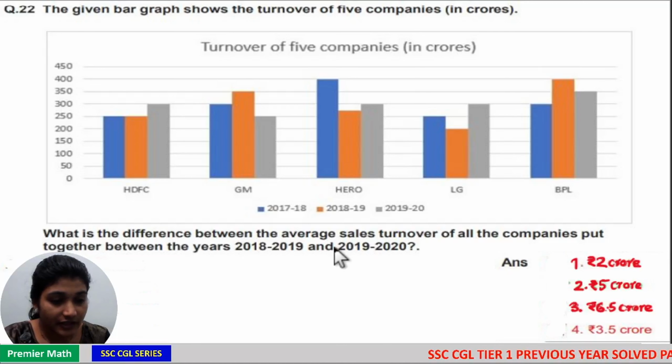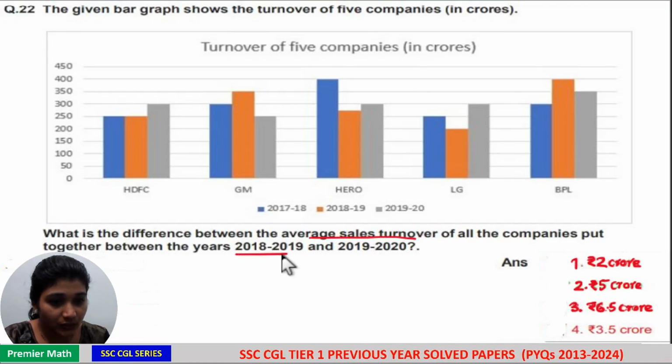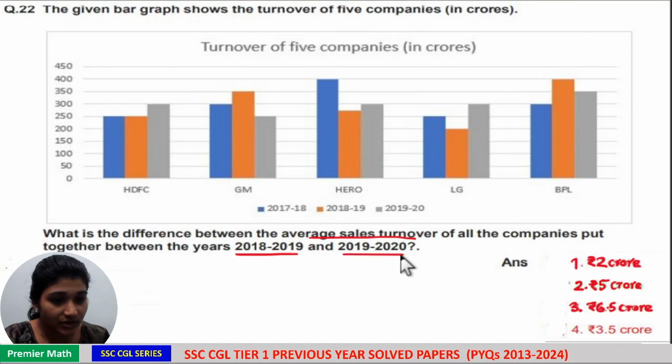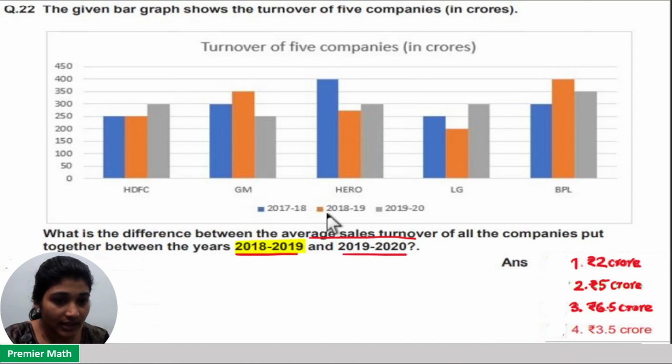What's the difference between average sales turnover of all companies put together between years 2018 to 2019 and 2019 to 2020? Here this 2018 to 2019 represents this orange color and 19 to 20 represents gray color.